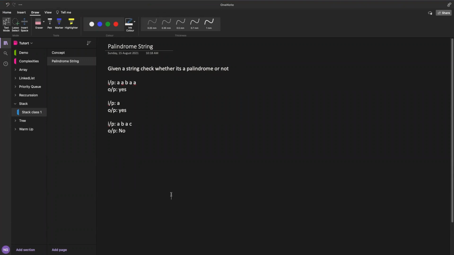Okay, let's see how we can solve this using a stack. So the thing is, we find the middle of the string.